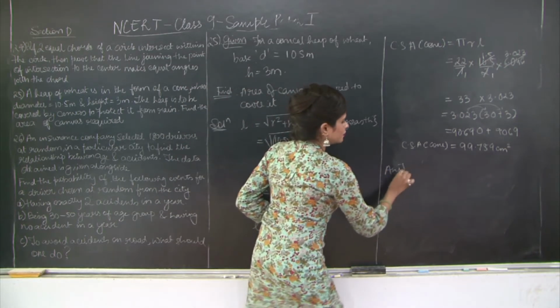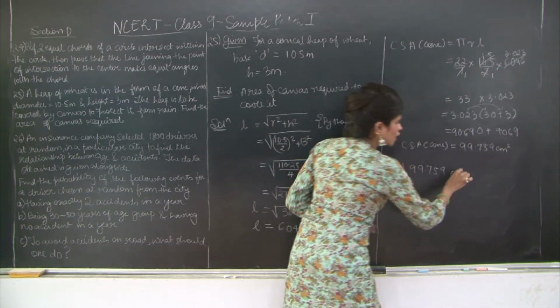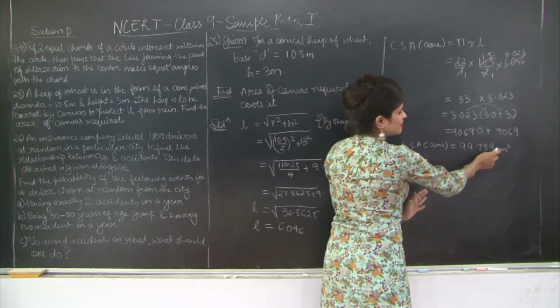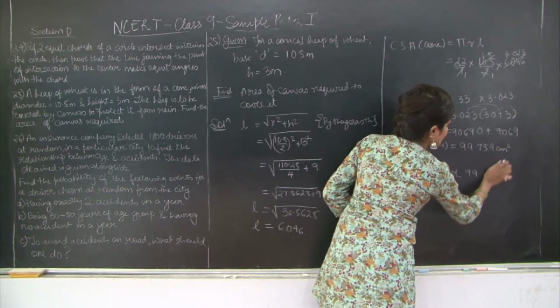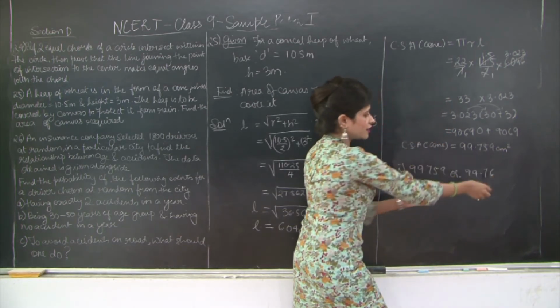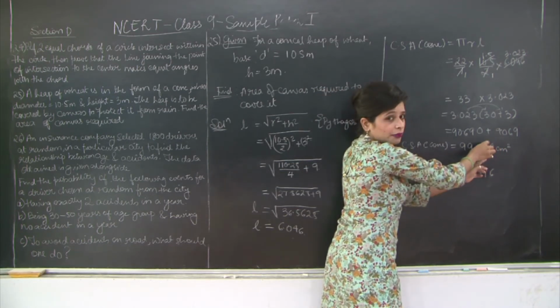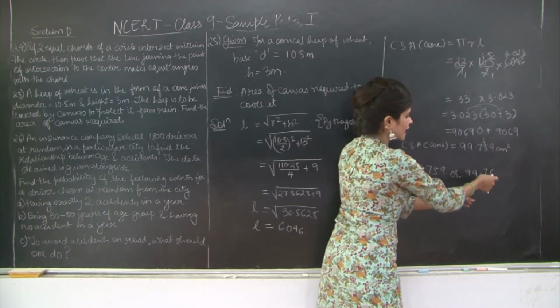So I will say 99.759, or what you can do is you can just round this up. 99.759 can be written as 99.76, right? I am getting rid of this number out here. It's greater than 5, so I add one to the term preceding it, so it becomes 99.76.